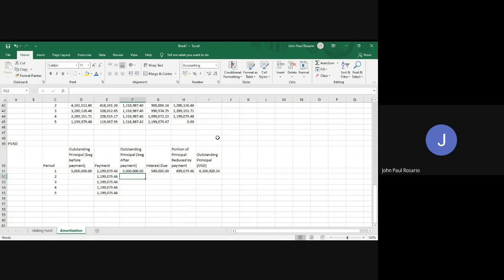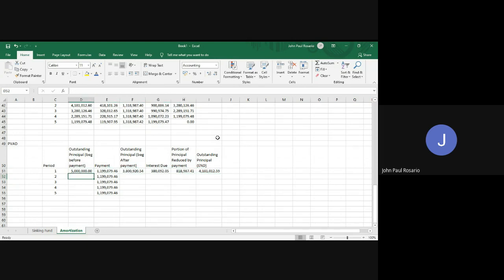And then our outstanding principal beginning after payment is this one minus this one. And with that, this will now be our basis for our interest. The outstanding principal, beginning principal after payment, multiply that by 0.10. So this is your interest due now. And then portion of principal reduced by payment is, of course, this one, and then we deduct this one. So outstanding principal balance end is this one.